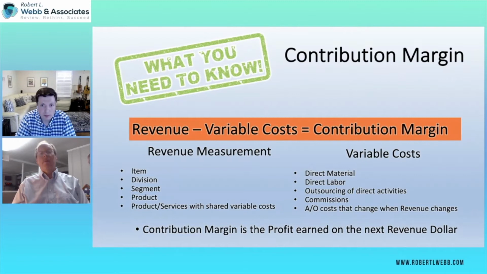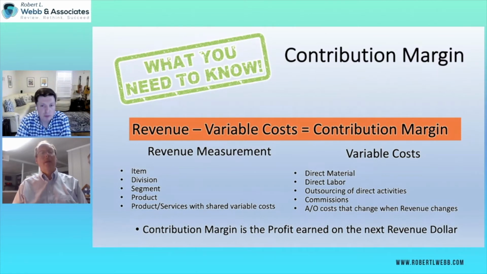And you have the major variable costs listed here: direct material, direct labor, any kind of direct outsourcing, commissions, something that people don't think about sometimes, but commissions are normally on a variable basis based on the revenue, the sales, or sometimes they're paid after the collection of that. And then any other cost that changes when revenue changes, but none of your fixed costs, not rent, not insurance, not fixed salaries, none of those costs apply at this point.